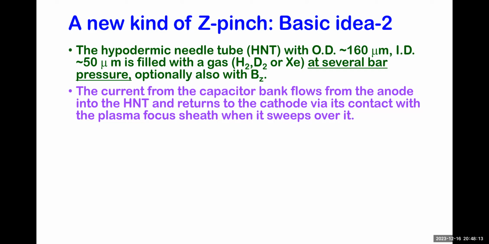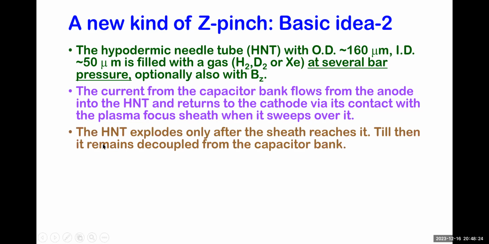So until the plasma focus sheath reaches the end of the taper, the HNT is not aware that a plasma is going to visit it. So the HNT explodes only after the sheath reaches it. Till then, it remains decoupled from the capacitor bank.